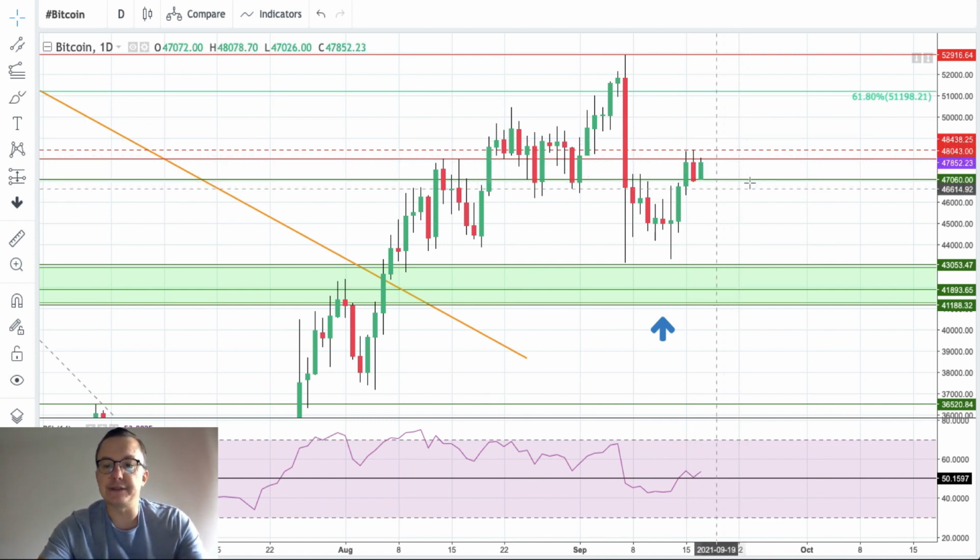But as you can see, intraday technical support 47,060 is working perfectly. Market is so far bouncing from this level, and it looks like we want to go higher. And this is confirmed by the RSI, you know, bounce from the level of the 50 points. We should see another higher high on the Bitcoin soon.